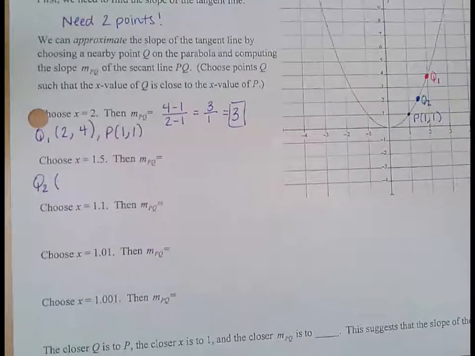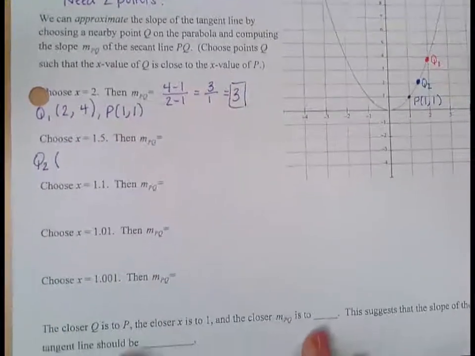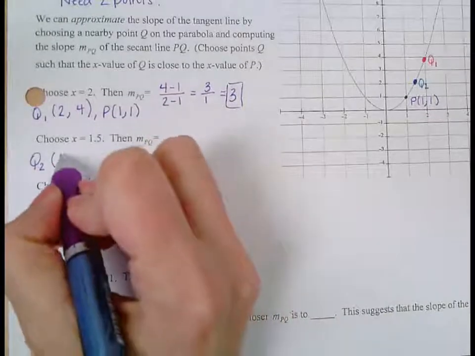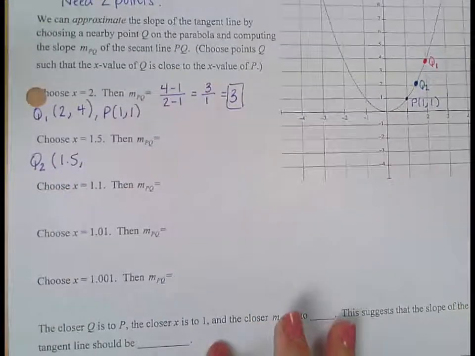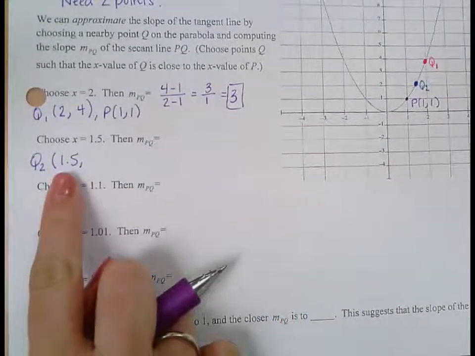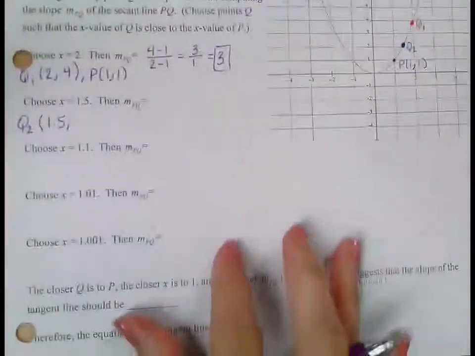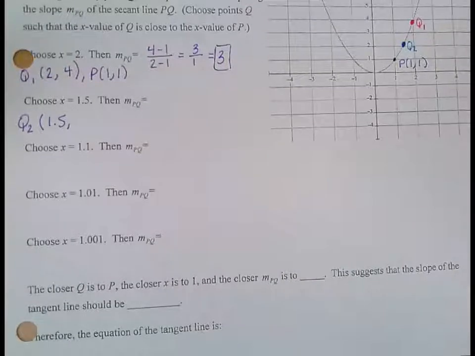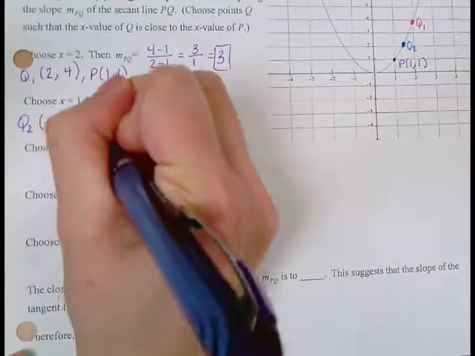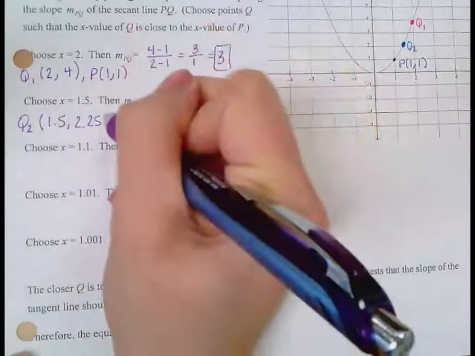And now this ordered pair will have the following coordinates. The x coordinate is 1.5. The y coordinate, again, substituting this into y equals x squared, since it's on that curve, would be 1.5 squared, so 2.25.